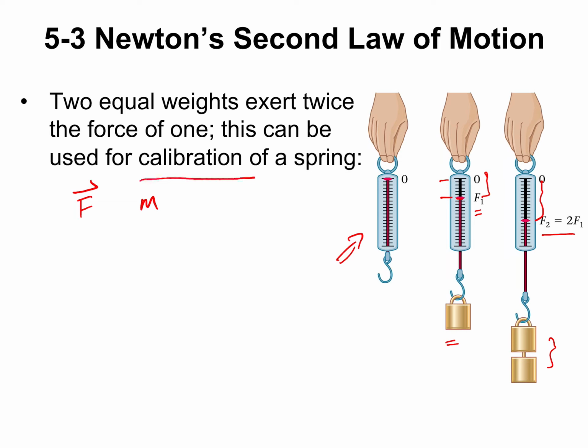We can use the object here if you know the weight; later we'll talk about the weight. You apply weight on the spring, and you can use the standard weight to calibrate the force on the spring. So we use the spring to measure the force.